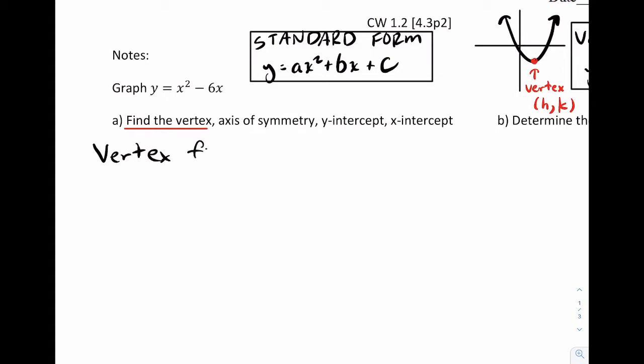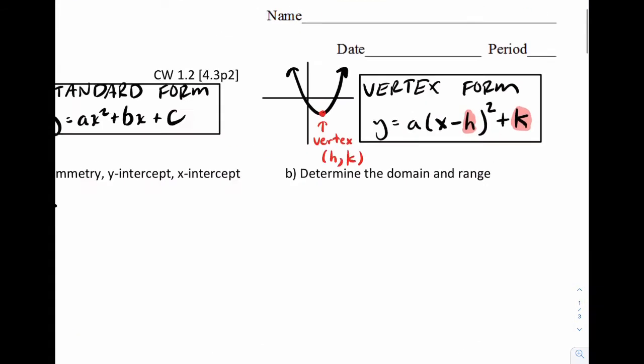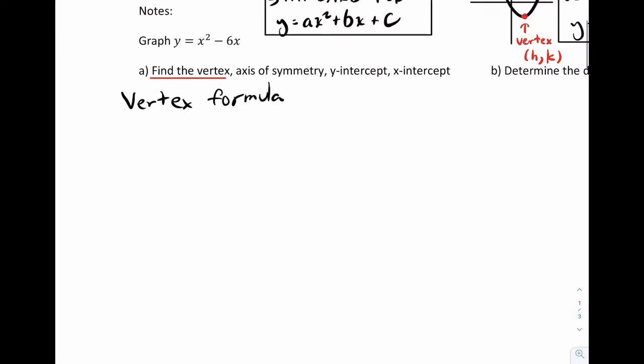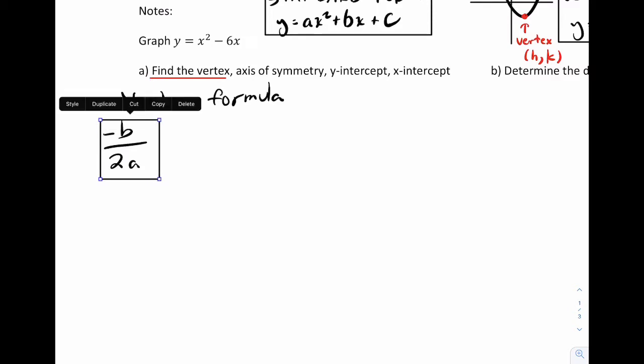The vertex formula is what you're going to use to find the vertex of any parabola. It's not the same as vertex form. This is the actual formula: negative b over 2a. That's super important, so I want you to box that in your notes and make sure that's very clear. Negative b over 2a.